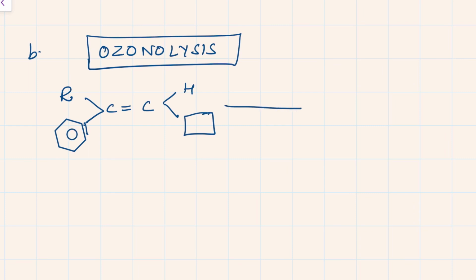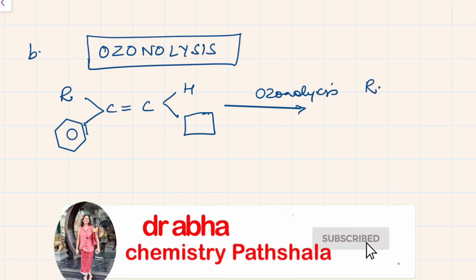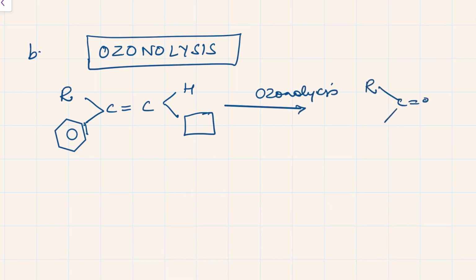After ozonolysis, I will get a ketone here because there is no hydrogen, and since there is a hydrogen on the other side, this is going to be an aldehyde irrespective of what alkyl group I take here. So these are the methods of preparation of ketones.